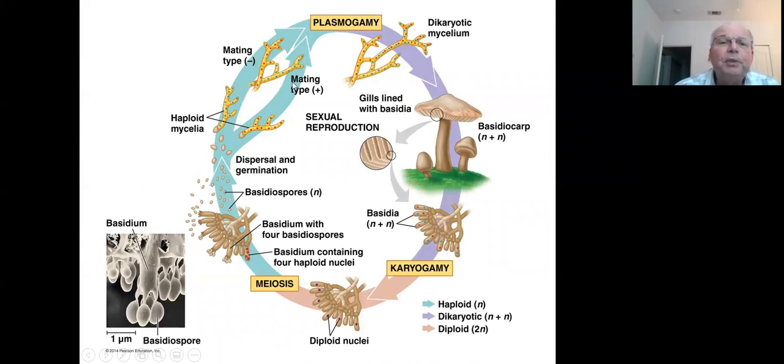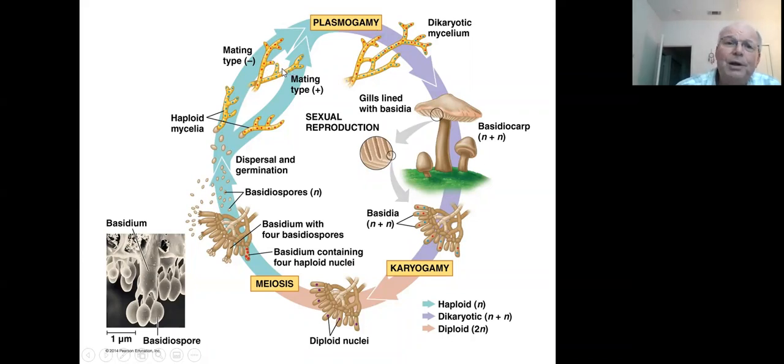They produce specialized reproductive hyphae that grow towards each other, again in response to released pheromones. The hyphae fuse. And that then produces, again, a dikaryotic mycelium that is segmented into individual cells, each containing a copy of the 2 haploid nuclei.